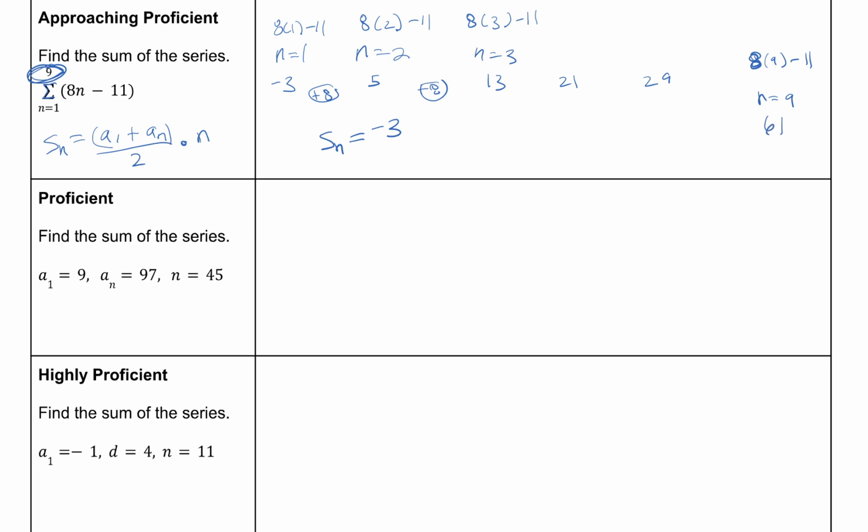That's my last term. So negative 3 plus 61, divided by 2, times the number of terms, which is n. To put that in the calculator, I always do it one at a time because I always worry about parentheses. So I would do negative 3 plus 61, get an answer, divide that in half. That's 29 multiplied by 9, and you get 261.